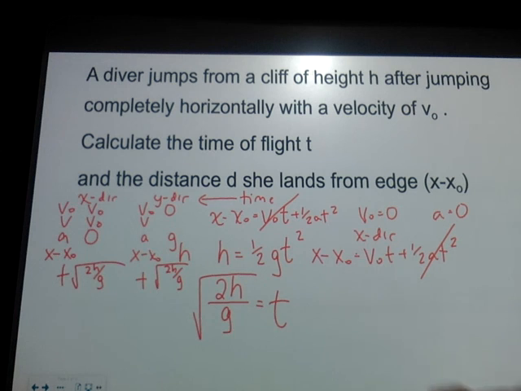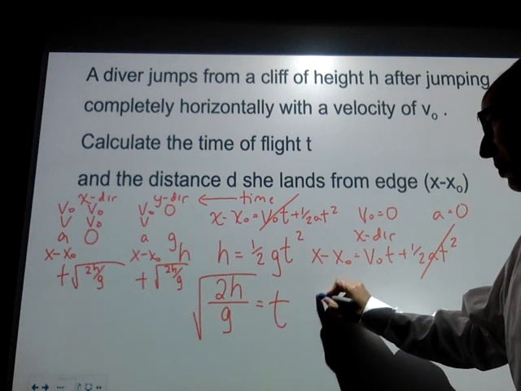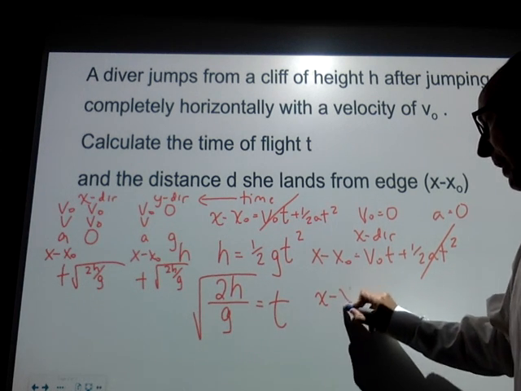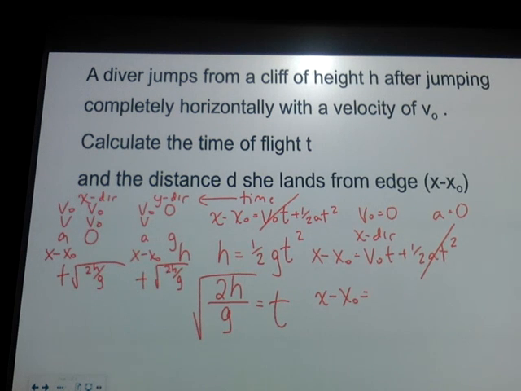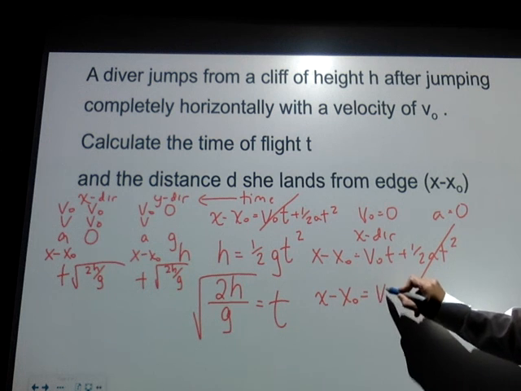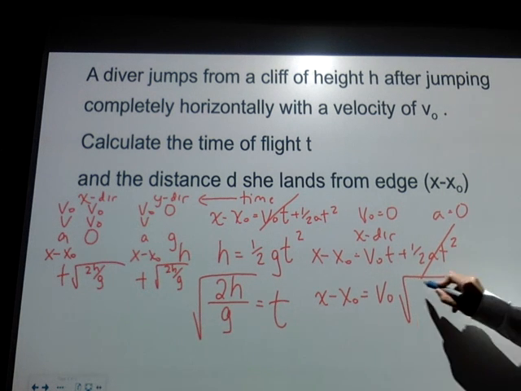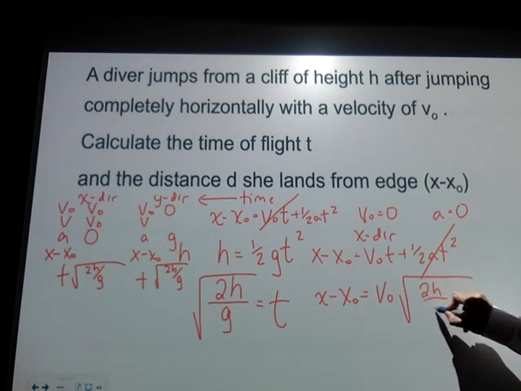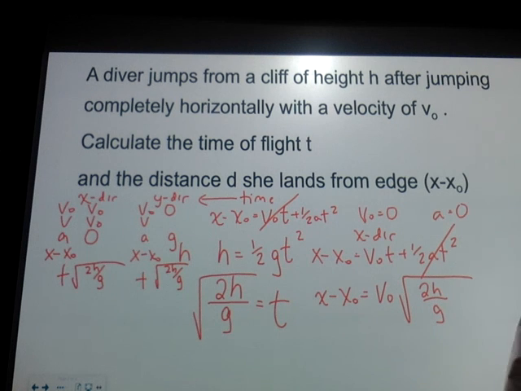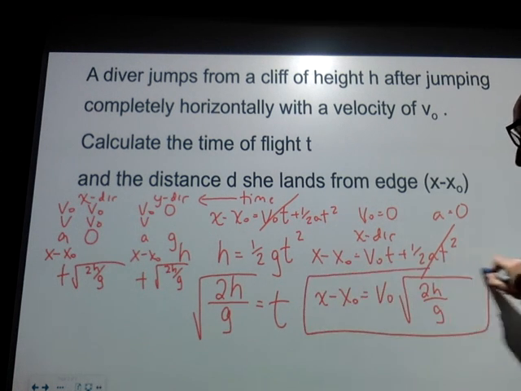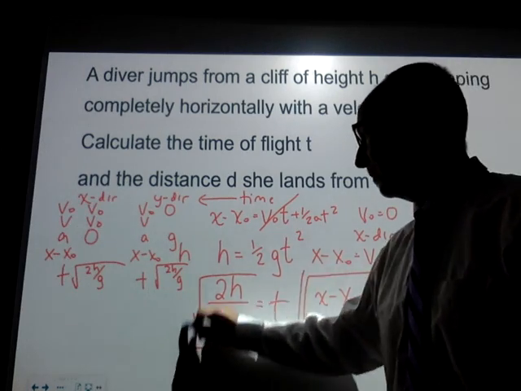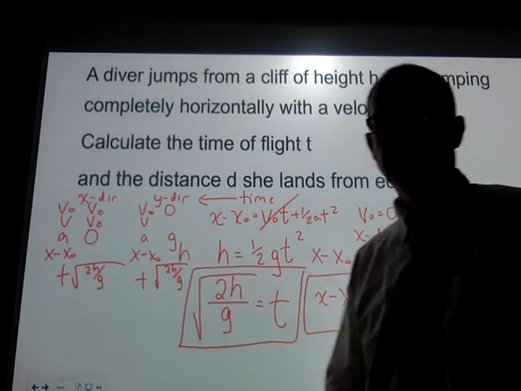So now for the horizontal range, which isn't h, that's what we're solving for, we're going to put in their letters. So they tell me that my initial velocity is v0 and that my time is the square root of 2h over g. So these would be our answers in general terms.